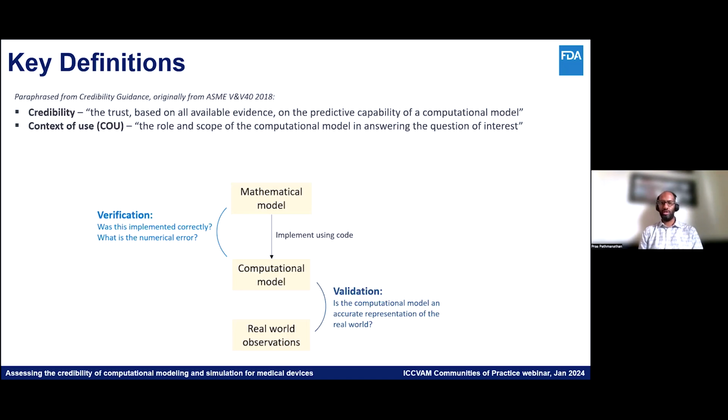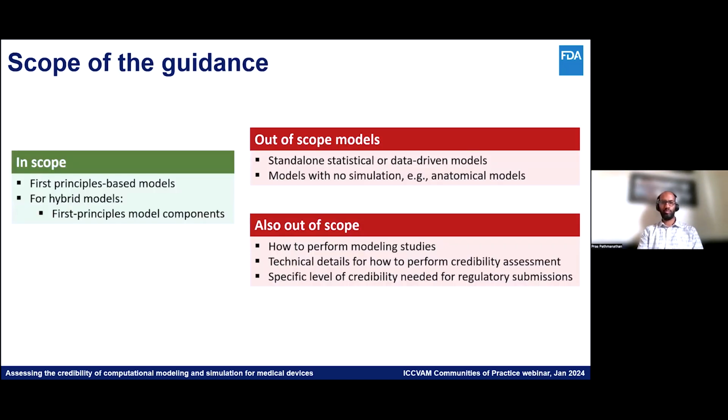Because we always have to implement some kind of numerical scheme to solve the governing equations, discretizing space and time, and part of verification is estimating what that numerical error is. So there's no real-world data, real-world observations needed to do verification, but the real-world data, real-world observations are needed to do validation, which is assessing if the computational model is an accurate representation of the real world.